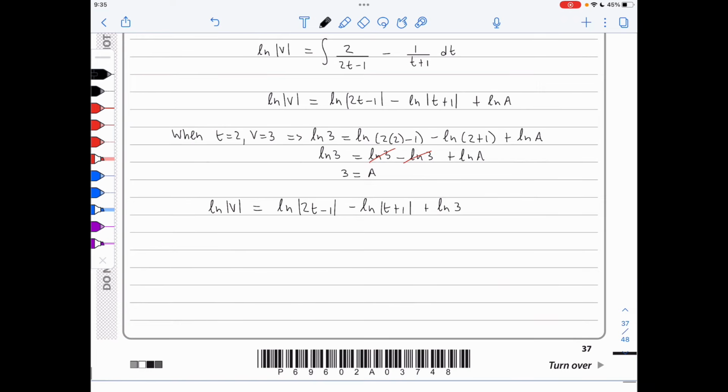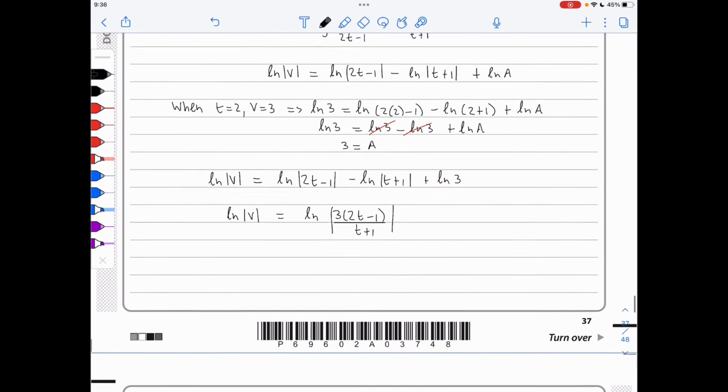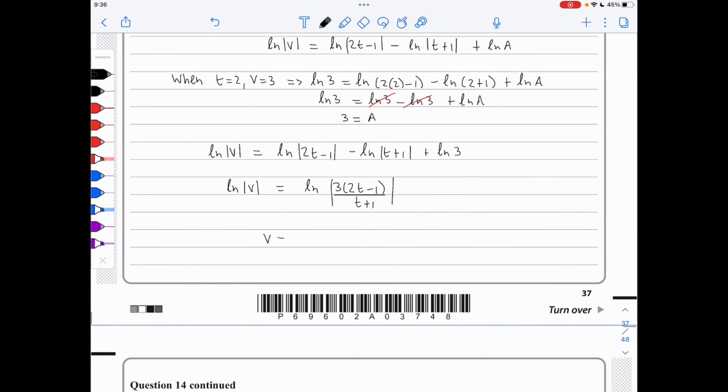So we've got ln of v is ln of 3 times 2t minus 1 over t plus 1. Because the addition here means multiplication and the subtraction here means division, that's why the t plus 1 appears in the denominator. The ln's can go away, leaving me with v is 3 times 2t minus 1 over t plus 1 as required.